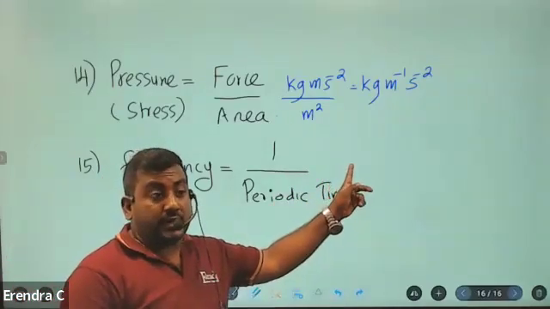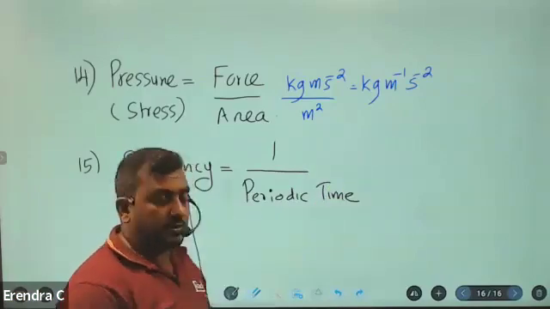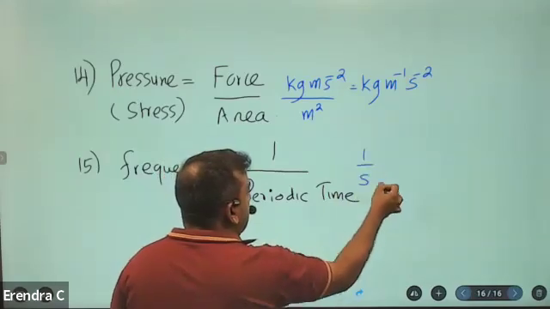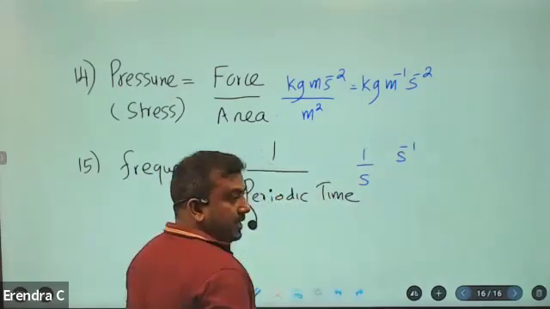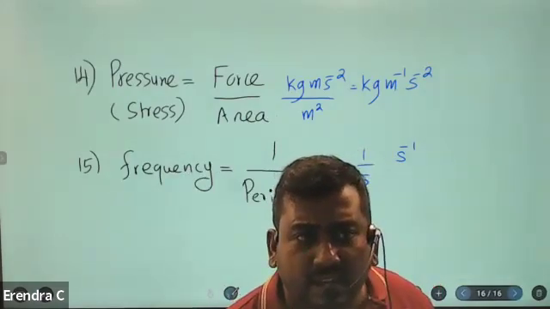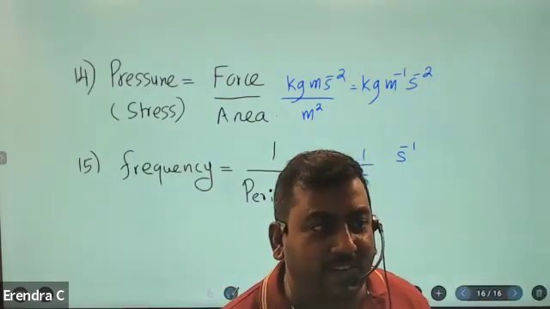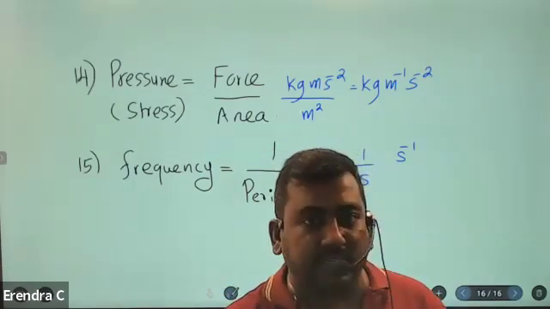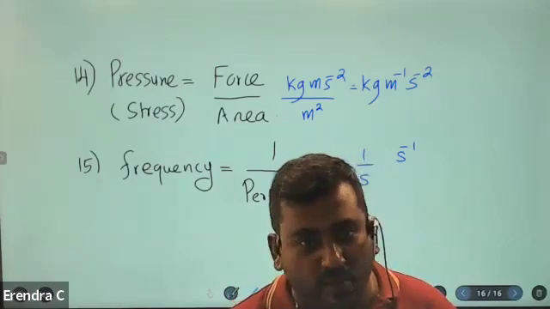Value means no unit. No unit means how much? 1. Here 1. Time is s. Take it on top. How much? s minus 1. What do you call whatever you learn now? Derived quantities. You're using fundamental quantities to make new physical quantities.